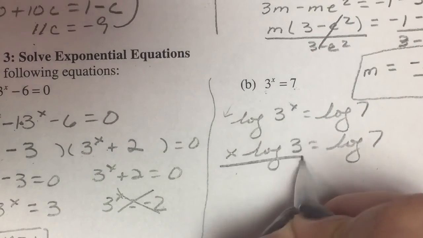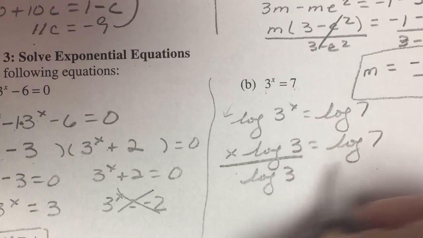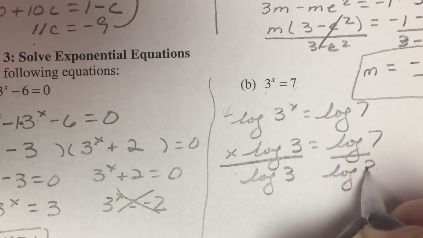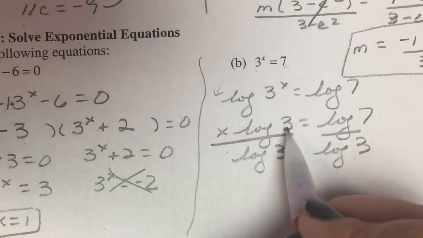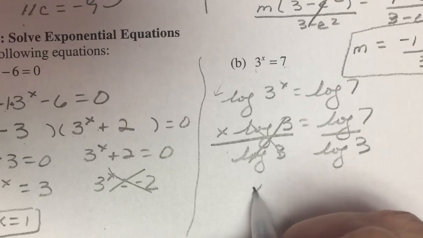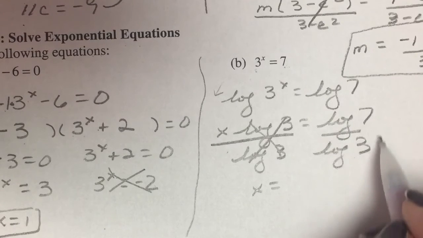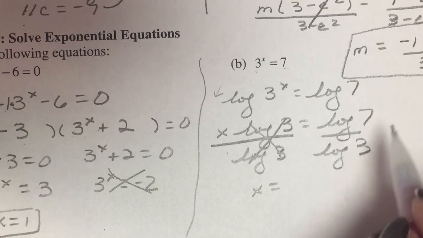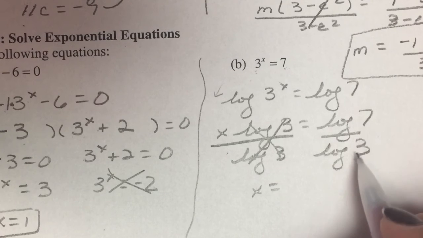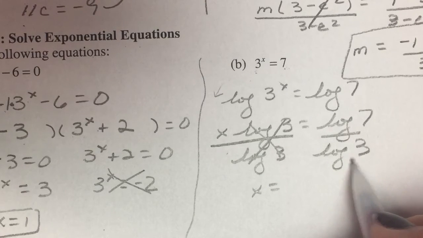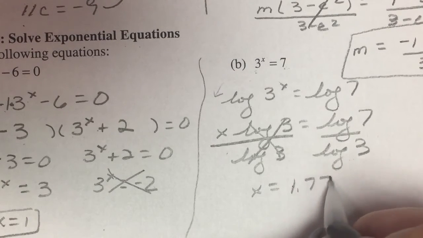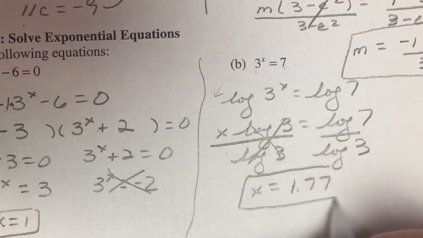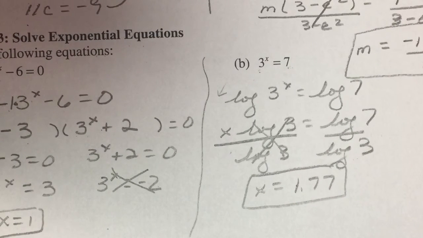Now to get the x alone, I'm simply going to divide by log 3. These will cancel. And I'm going to get x is equal to, and you'd pull out your calculator, which does common logs, and you would take the log of 7 divided by the log of 3. I've already done that. Rounding to the nearest hundredth, I got 1.77.